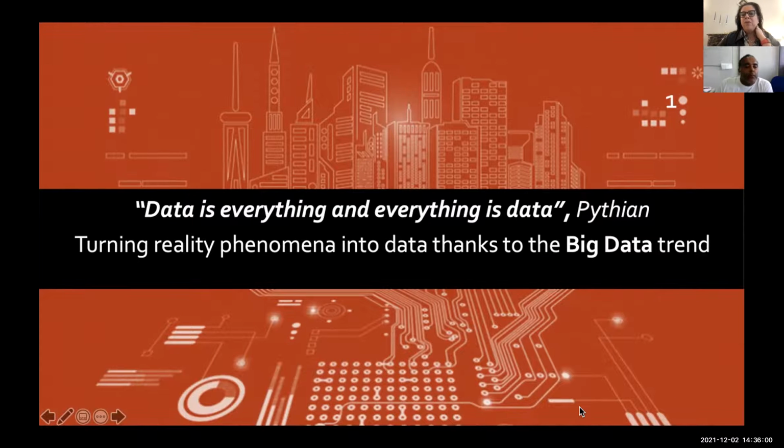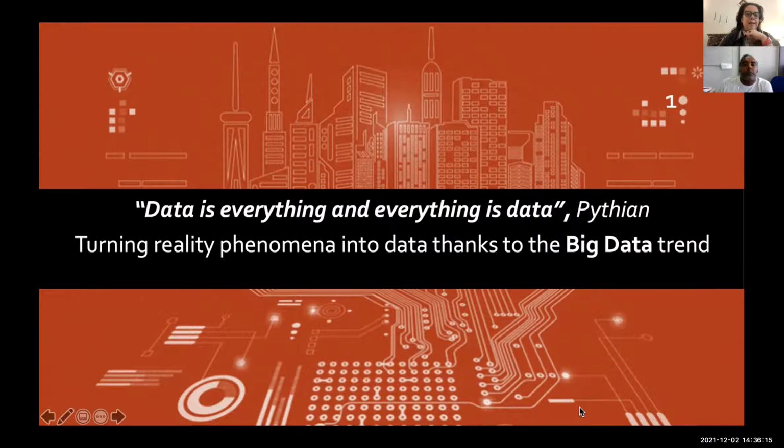There are implications, but today I'm going to stay in Disneyland, and talk about the promising, technological and scientific aspects of data is everything and everything is data.